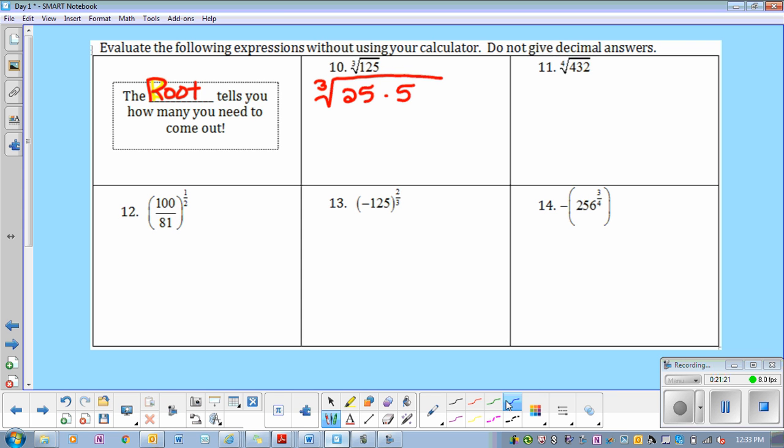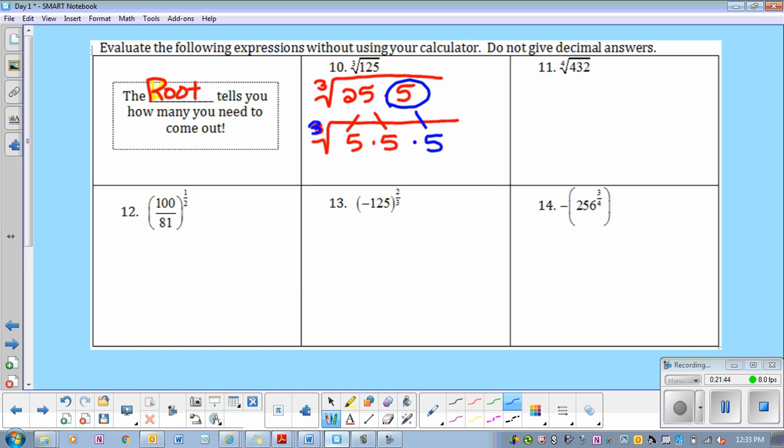And 5 is a prime number, so that one is going to stay. But the 25 I can break down. So 25 becomes 5 times 5, and then I need to bring down this 5. Now I can't break it down anymore, but my root is 3.